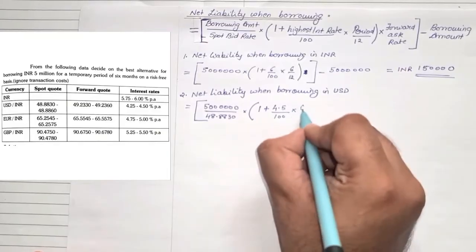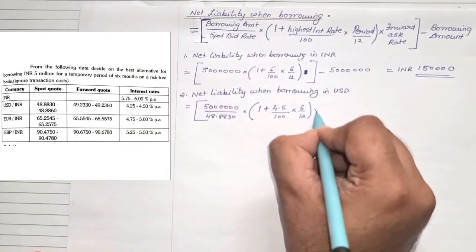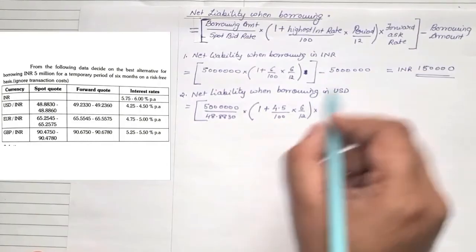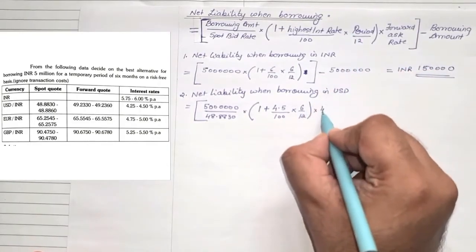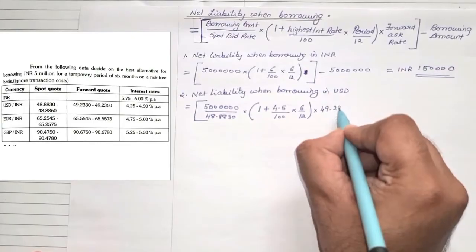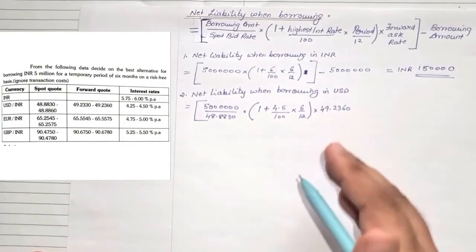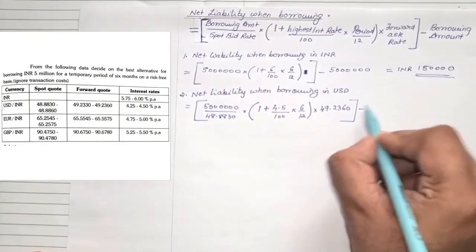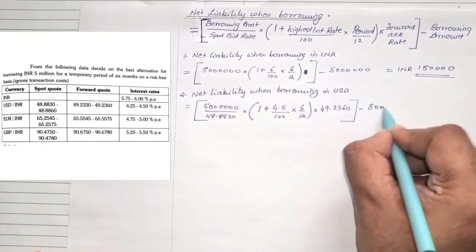It is 6 months, so 6 divided by 12, into the forward ask rate, which is 49.2360. Bid is the first, ask is the second value. The whole thing minus the borrowed amount, which is 50 lakhs.